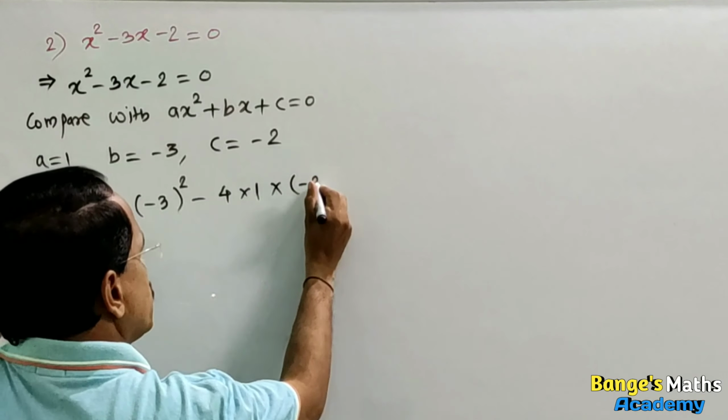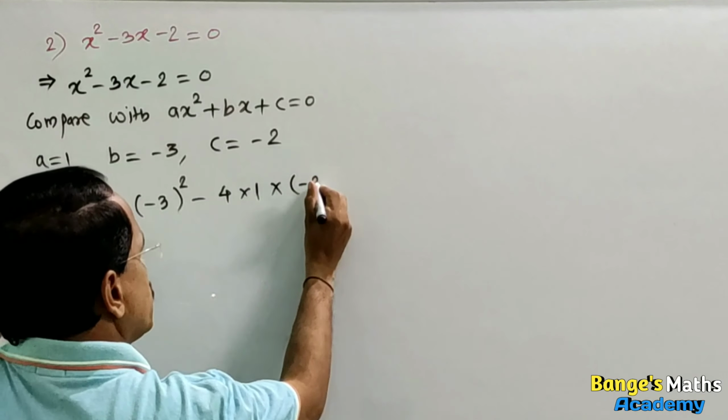Value of a is 5. Value of b is minus 4. Value of c is minus 2. Then find b square minus 4ac. Value of b is minus 4, so minus 4 square minus 4 into a c. Value of a is 5 into c is minus 2.